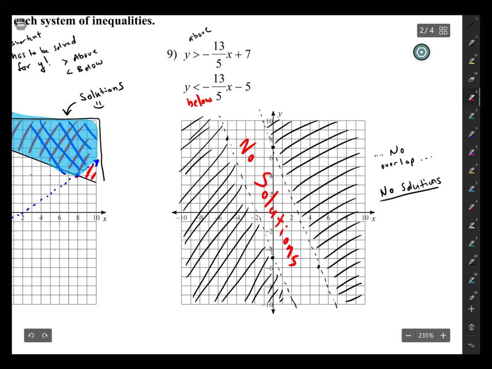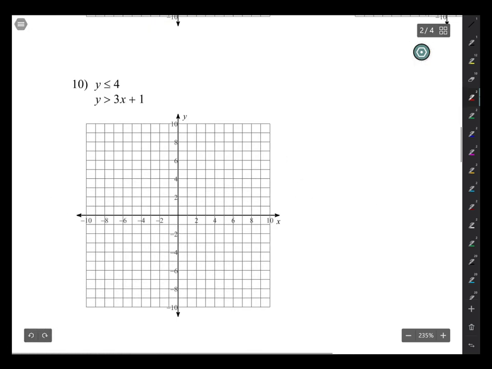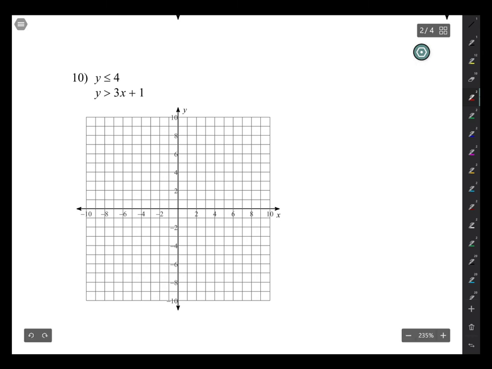Okay. Last example. Just be aware of some horizontal vertical line stuff coming back. Remember, this is a horizontal line. Horizontal. And if it's y less than or equal to 4, then we're just going right through 4, a horizontal line. Now, sometimes inequalities confuse students when it's just y is less than.